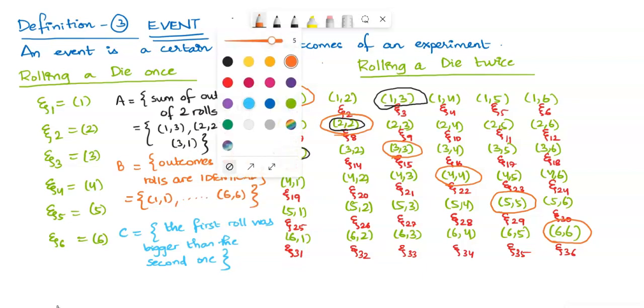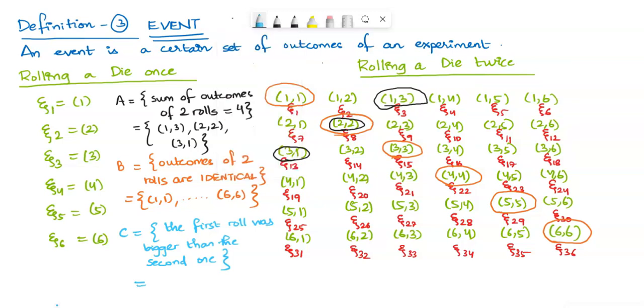Similarly, for the third event, as an example, the first roll was bigger than the second one.